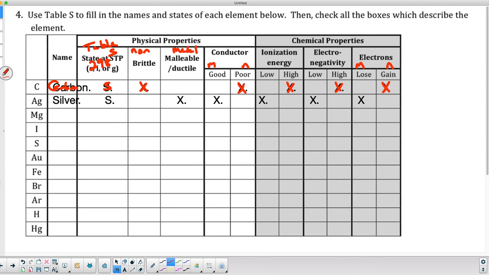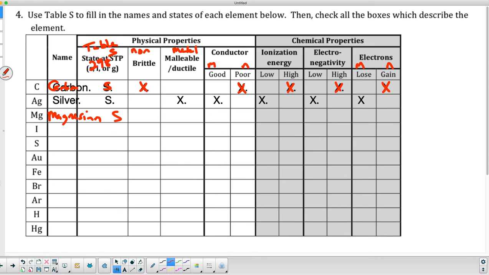You can see what I did for silver here. Let's do magnesium. Magnesium is a solid. If you take a look at the melting point, it has to be a lot higher than 278 or 273 or 298. Is it brittle? Well, magnesium is on the left-hand side.